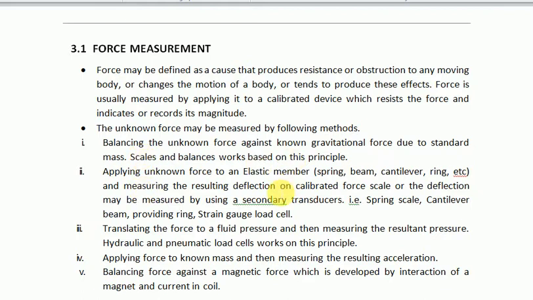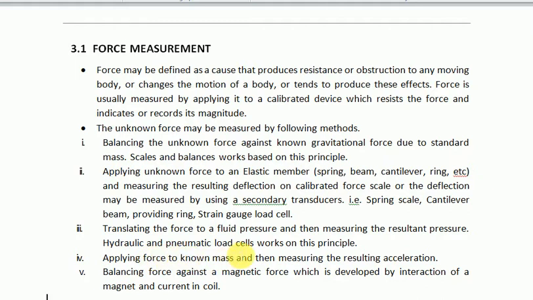The second method is an elastic spring or elastic member, with the help of which we can find out the force: spring, beam, cantilever or proving ring, which we will see later in this video. The other method is translating the force to a fluid pressure, and then we can measure it.